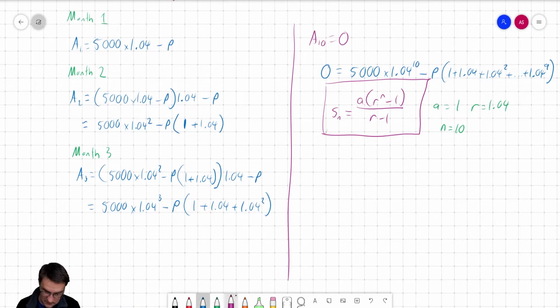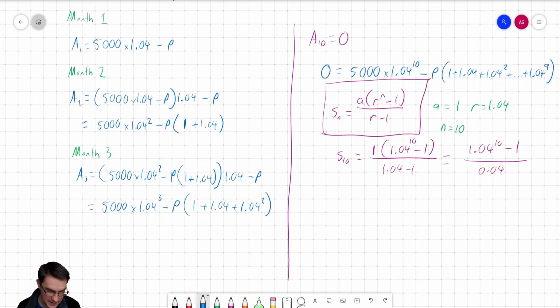Now, from here, we're going to have S10 is equal to 1 bracket 1.04 to the power of 10 minus 1, over 1.04 minus 1. If we want to simplify this a little bit, we have 1.04 to the power of 10 minus 1 over 0.04 in this instance.